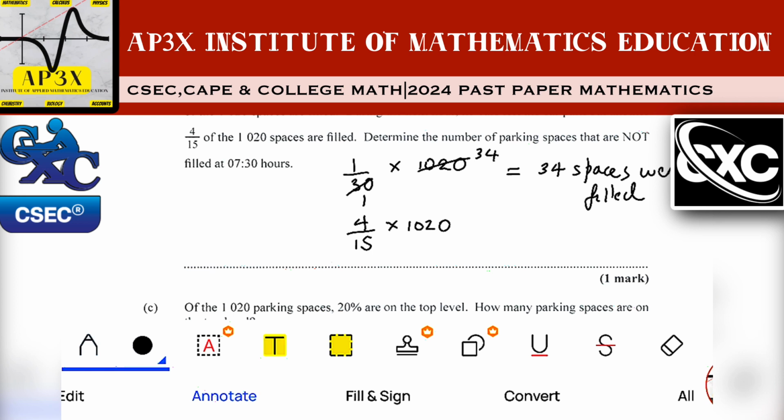And so again, we can say 1,020 divided by 15. That should be 68. It's double the 34. So therefore we end up with another 68 spaces. Pardon me, guys. Spaces were filled.